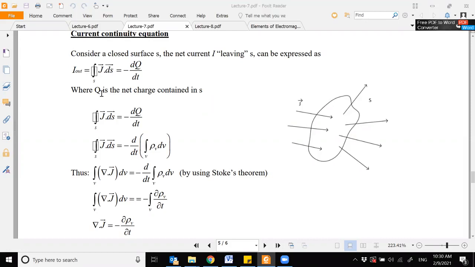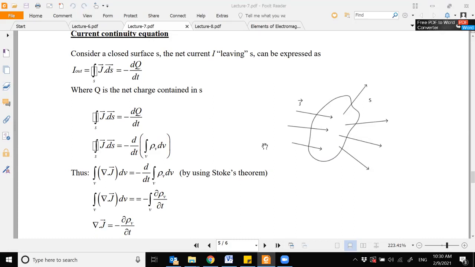Because it should be depleting with time, because dq over dt is your current. So if the current is going outside, then inside the charge should deplete with time, and only then will this be satisfied.